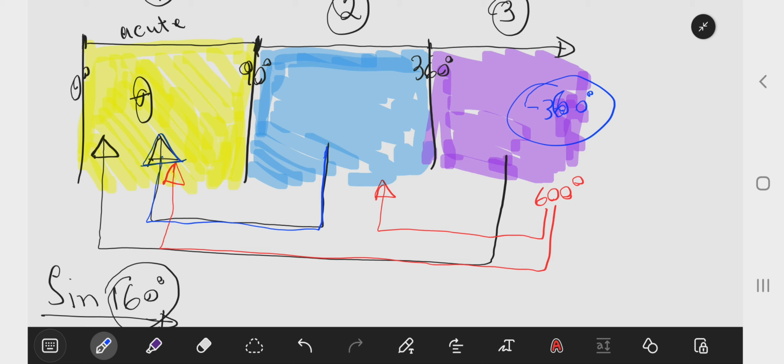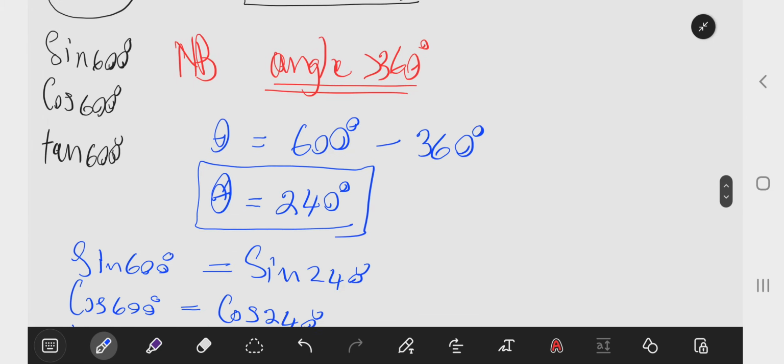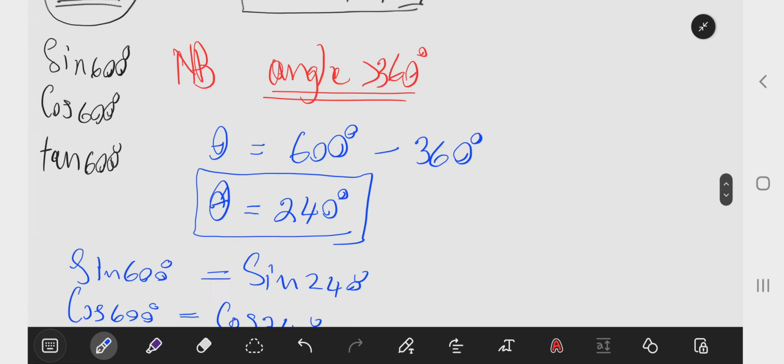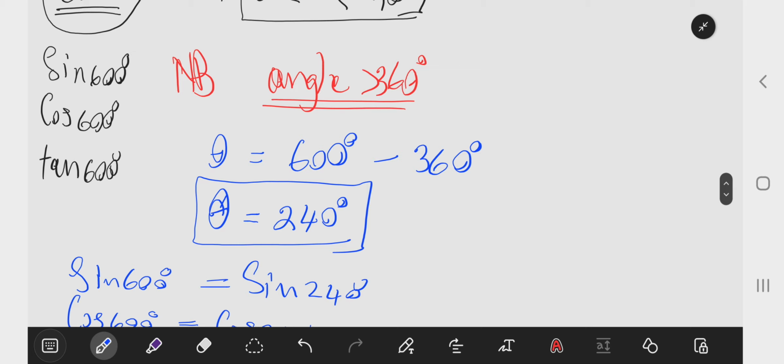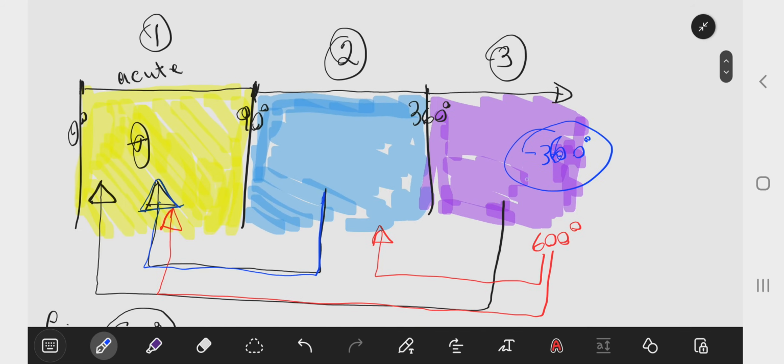Remember, if an angle is greater than 360, you just subtract 360 and you get the reduced angle. In this case, we reduced 600 degrees. So you first have to identify where your angle is. 600 is in the third region. So what do we do in the third region? You just have to subtract 360.